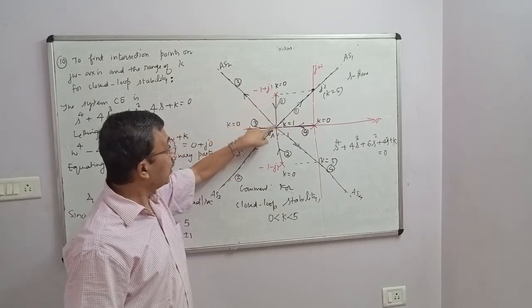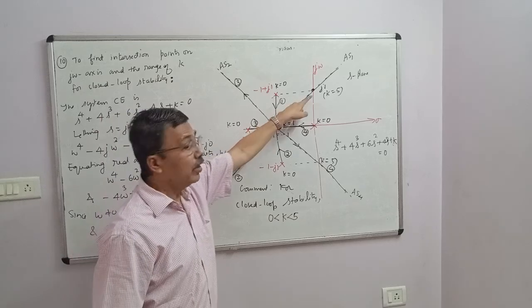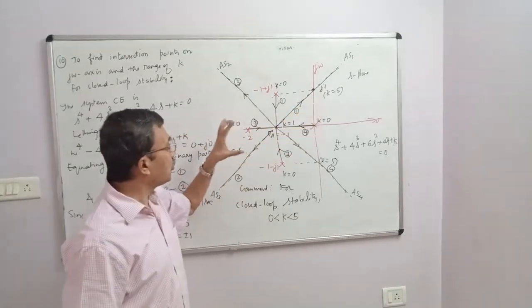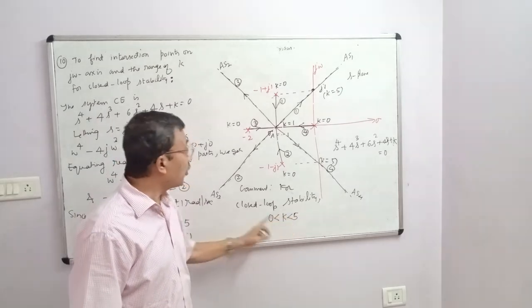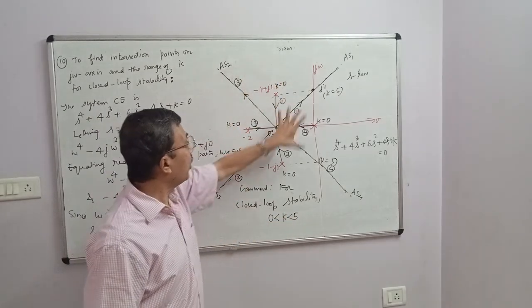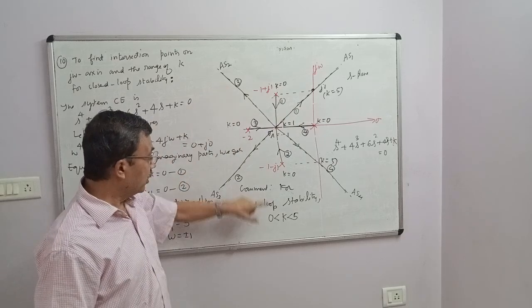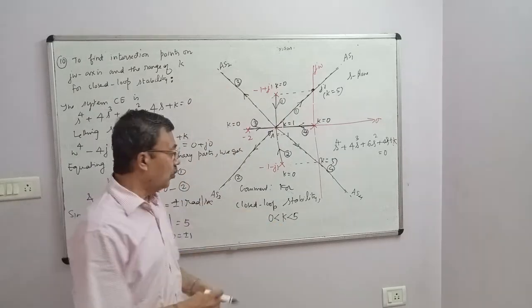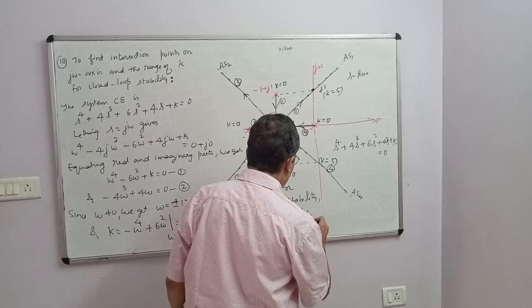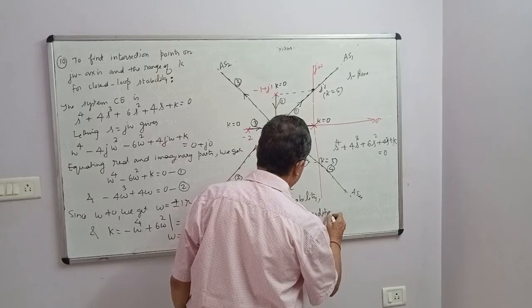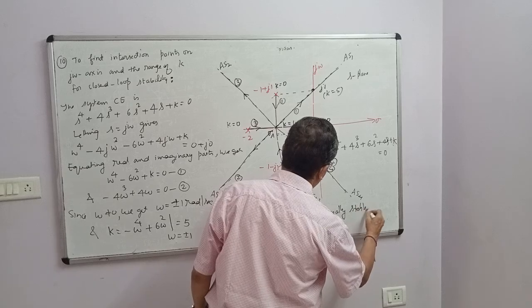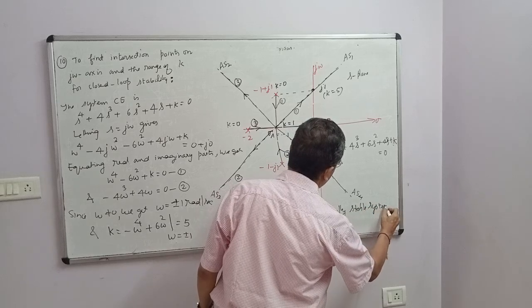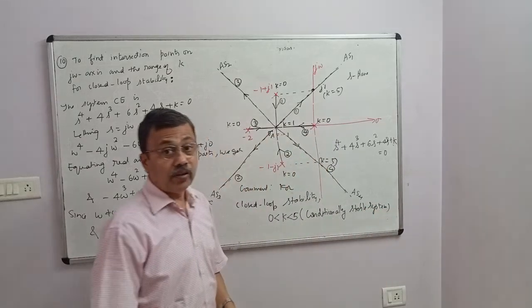For closed loop stability, k should be more than 0 and less than 5, and for these values of k, the root locus will remain on the left hand side of the s-plane. Since there is a condition on k for stability, the system is called a conditionally stable system. Thank you. This finishes the problem.